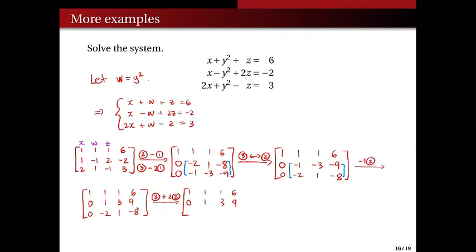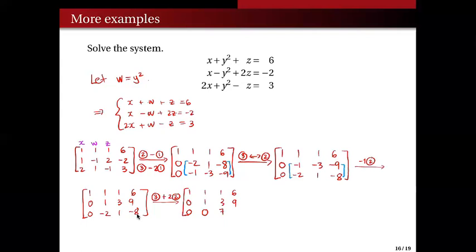For row 3, we have 0 plus 2 times 0. So again, that's just 0. Negative 2 plus 2 times 1, that's 0. 1 plus 2 times 3, that's 6. So 1 plus 6, that's 7.